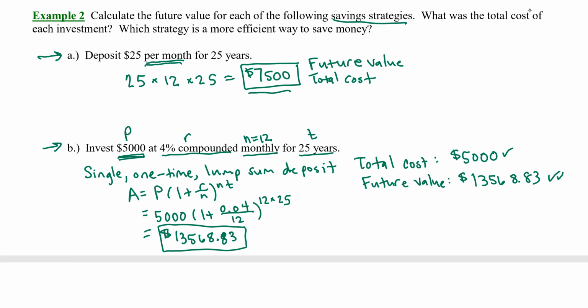It only costed us $5,000. So you can start to see why Einstein called compound interest a miracle. It is a very wise and efficient way to save money. The smaller amount that you contribute is made up and more in the interest that you earn. So this one would be a better, more efficient savings strategy.